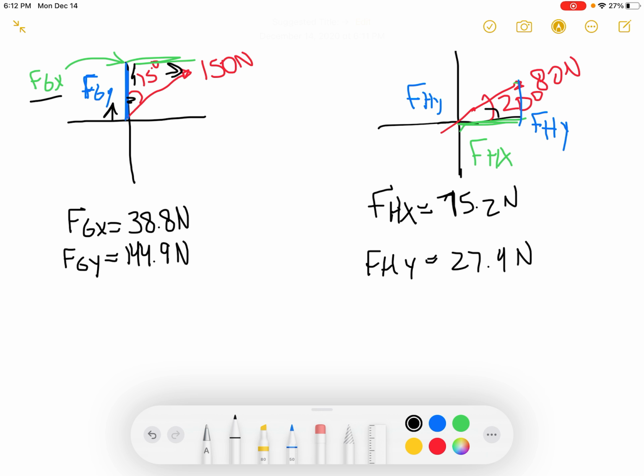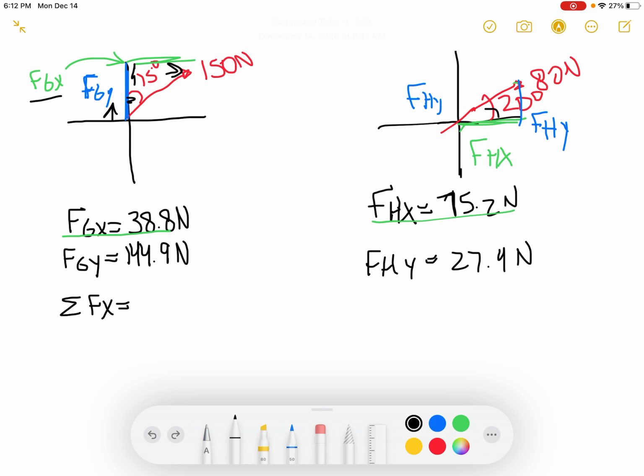We need to add them now. What am I trying to say? The x components. This and this. Not these two. The x components.